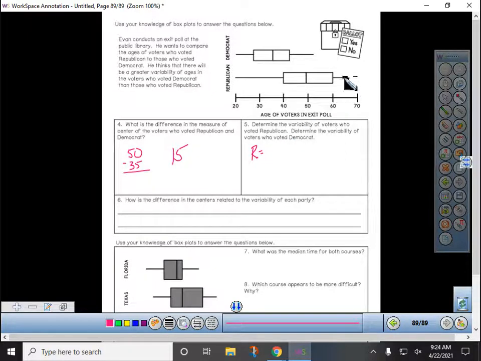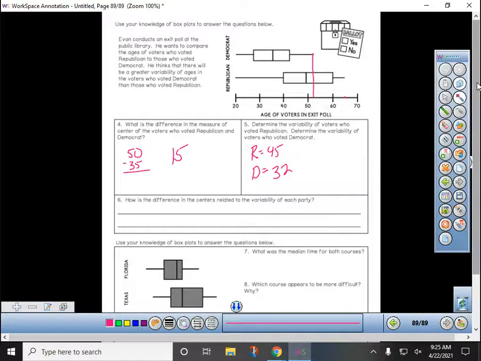So Republican would be about what? 65 minus 20, which is 45. Good. And then Democrat would be about 52 minus 20, which would be 32. Good.